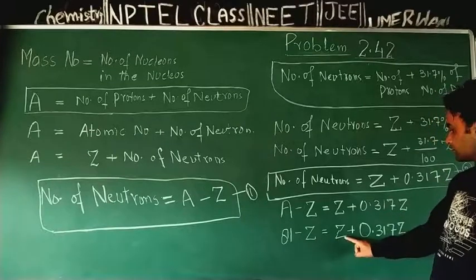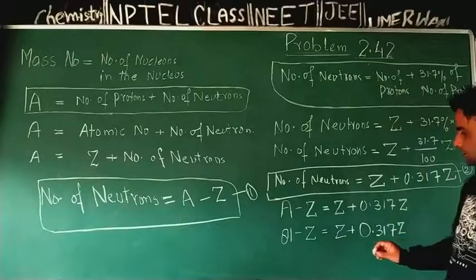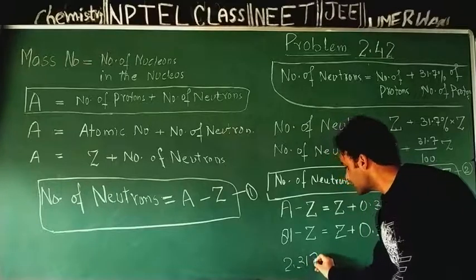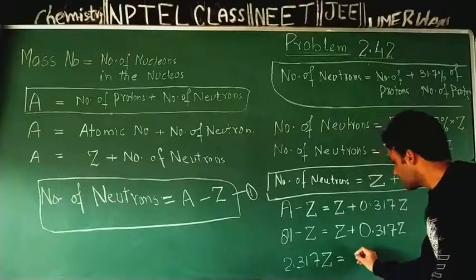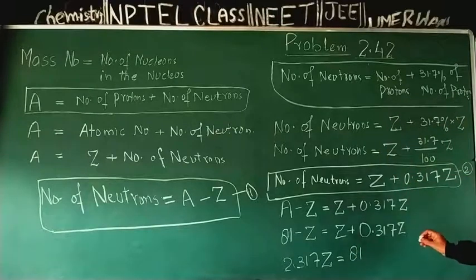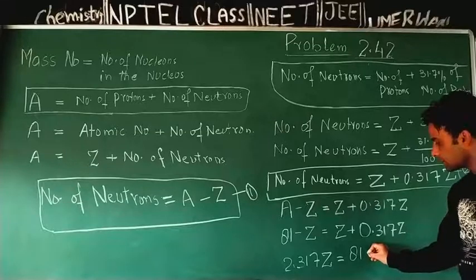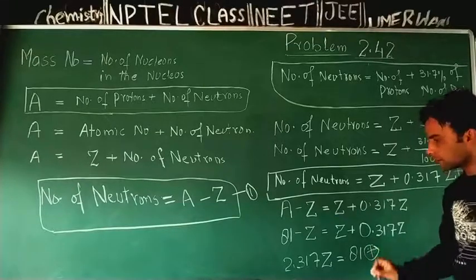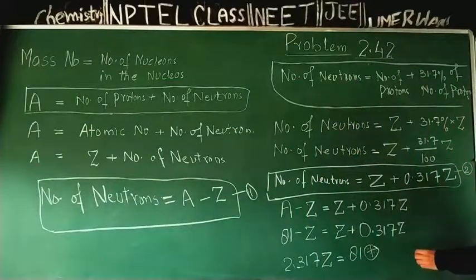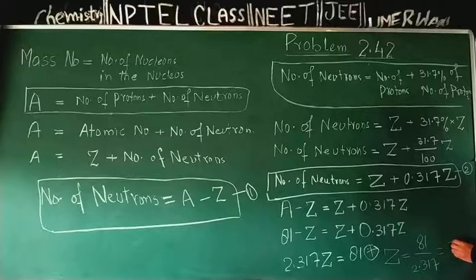Z plus Z will be 2Z. 2Z plus 0.317 Z will be this much. 2.317 Z is equal to 81, and Z will come equal to 81 divided by 2.317, and it will come equal to 35.